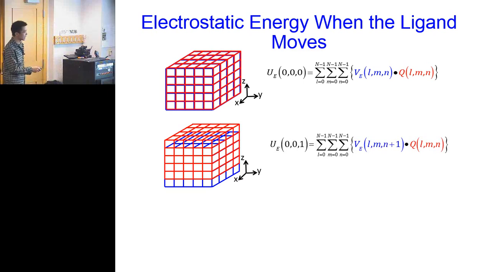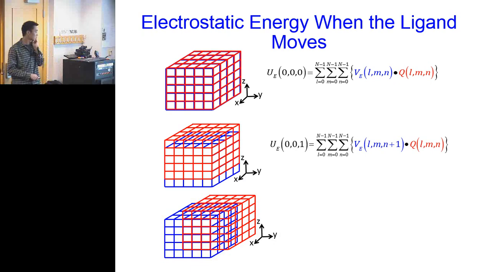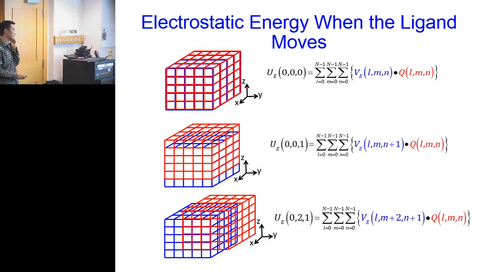Then the energy of this pose or this position is equal to the cross correlation evaluated at 0, 0, 1, which means you move the ligand up by 1 unit. And you can move it around in the y direction as well. The energy will be like this. So generally, the ligand can move 3-dimensionally for every point, but the energy is always a cross correlation.